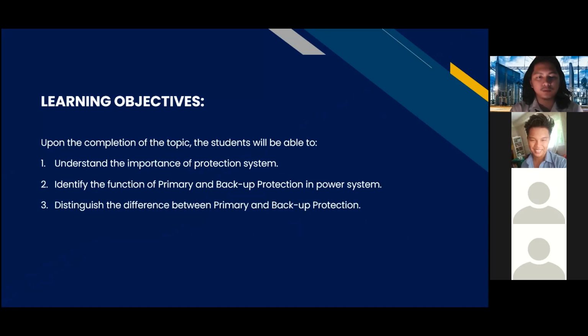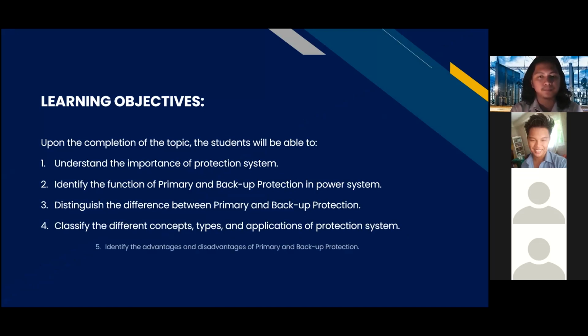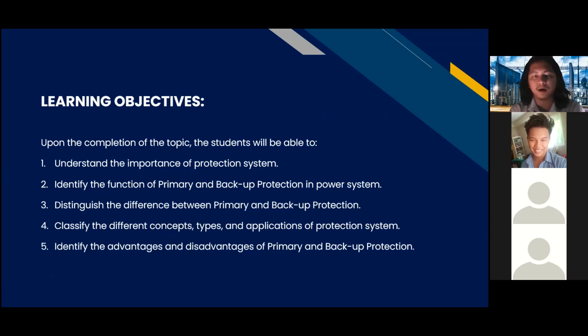Third, distinguish the difference between primary and backup protection. Fourth, classify the different concepts, types, and application of protection system. Fifth, identify the advantages and disadvantages of primary and backup protection.